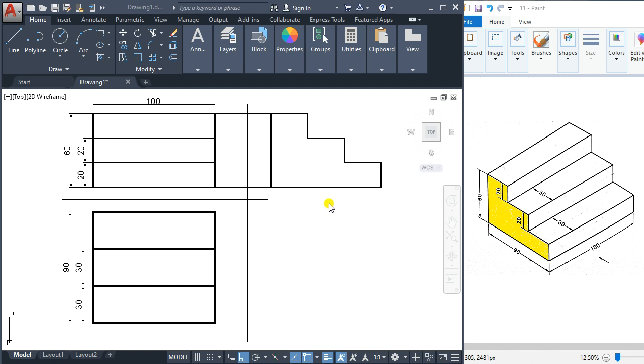In the side view, it is not necessary to give dimensions again. Why? Because this indicates the 90, and this indicates the 20, which is represented in the front view as 20, 20, 20, and these indicate 30, 30, which are already indicated in the top view. Like this, you can draw the orthographic views, front view, top view and side view of the given object.